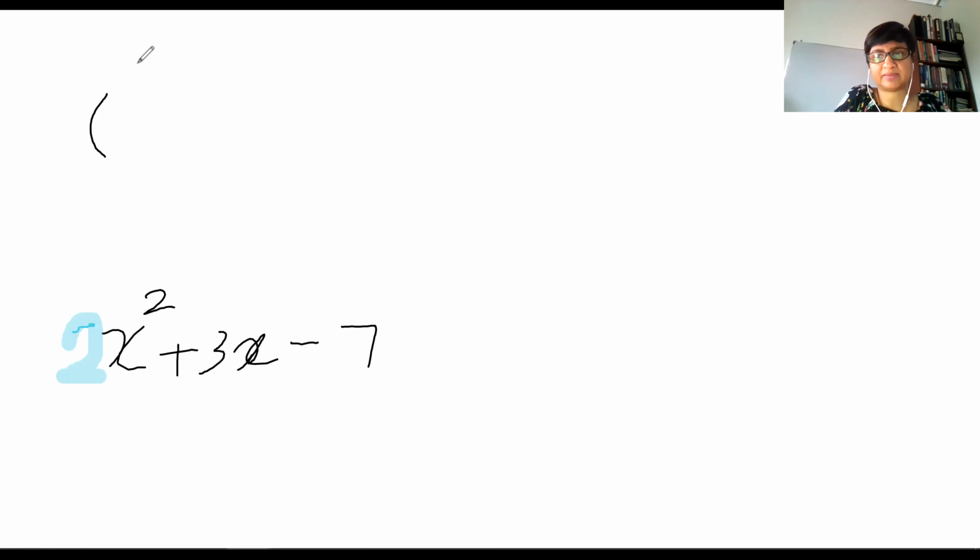Now, the best way to understand something is to understand the concept with something that is simpler to work with. Go back to numbers. Forget these expressions, go back to numbers. Now, 16 is a perfect square.